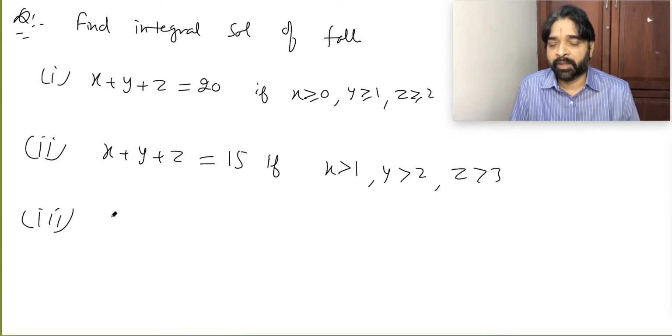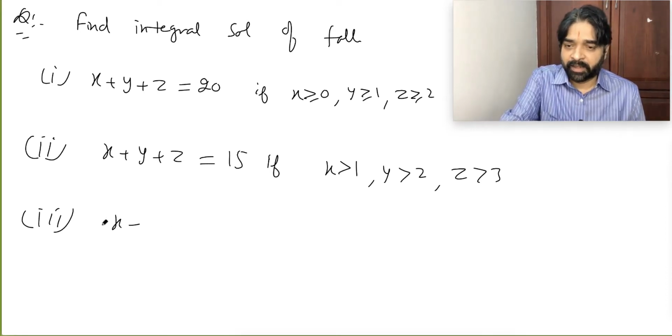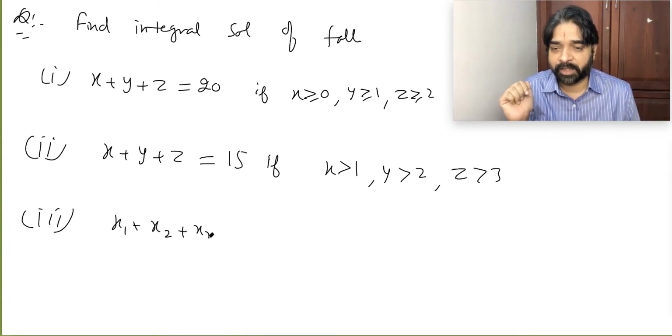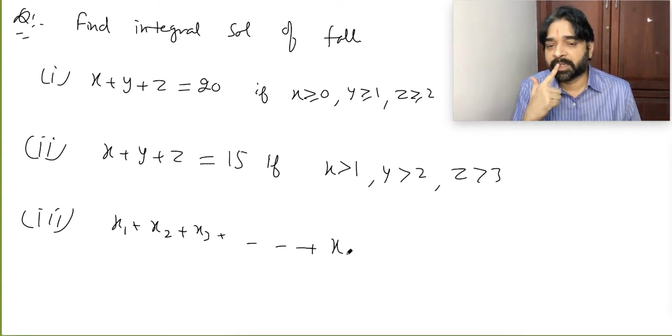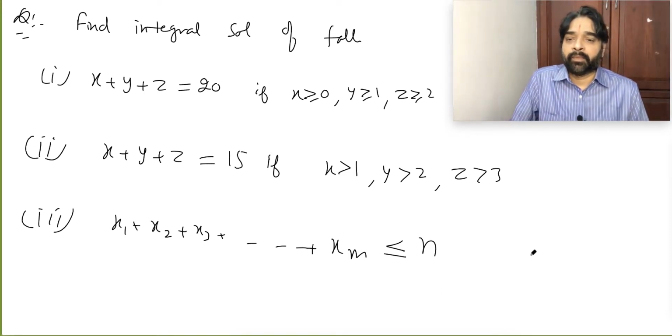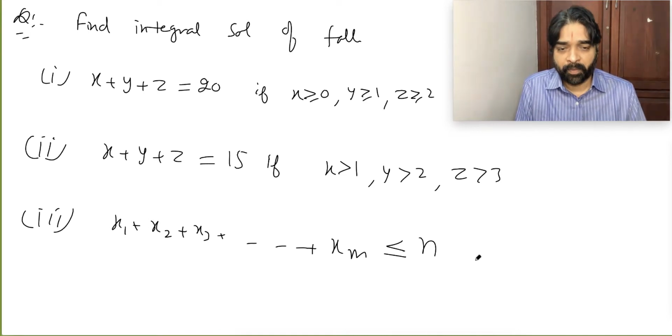Third one, x plus y plus z. No, something new variety should come. x1 plus x2 plus x3 plus so on, plus xm less than or equal to n, where xi greater than 0.